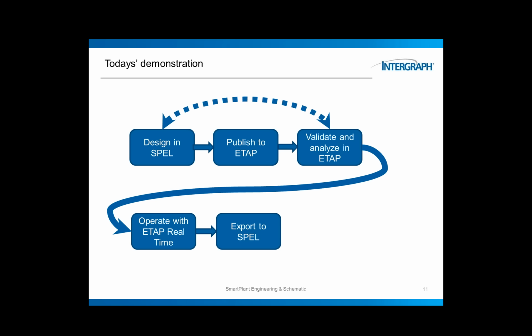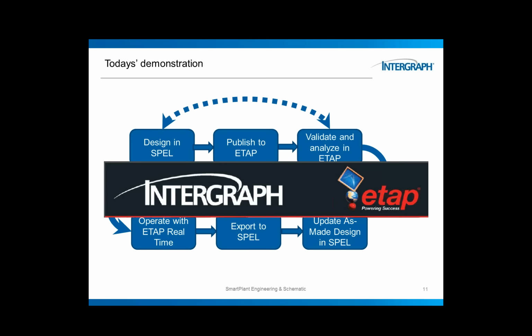If they find things during operation that need to be changed on the design side, ETAP can say, wait a minute, this needs to be changed on the design, a different cable or whatever. Then they can feed it back to SmartPlant Electrical and update the as-built or make any changes, and voila, we have the circle around. So it's very exciting, very powerful. This is a unique solution, I believe, in the market that can get you from the design all the way to operations as well.